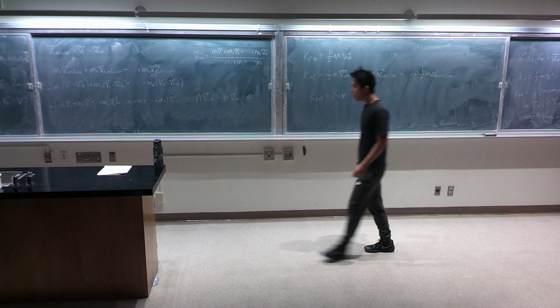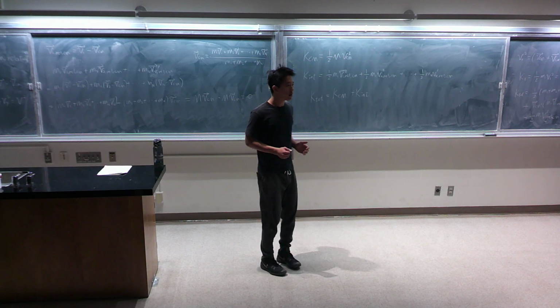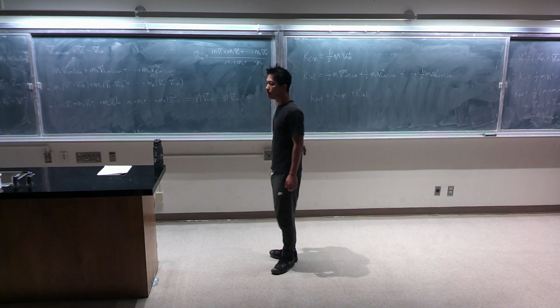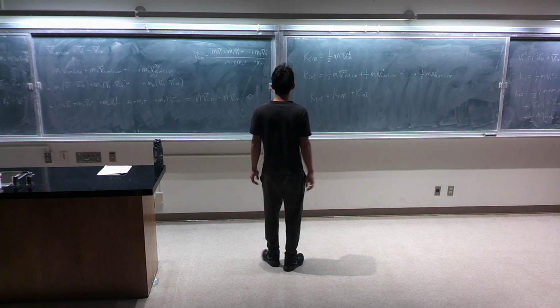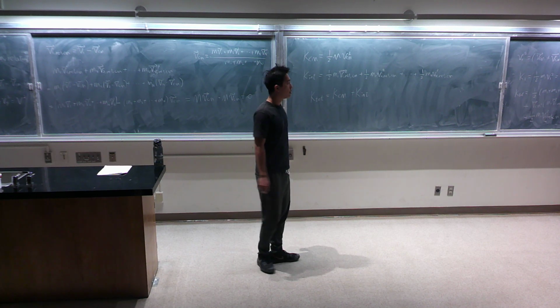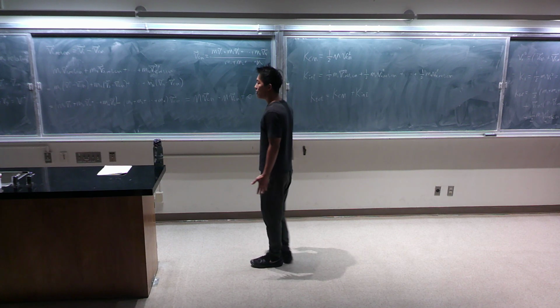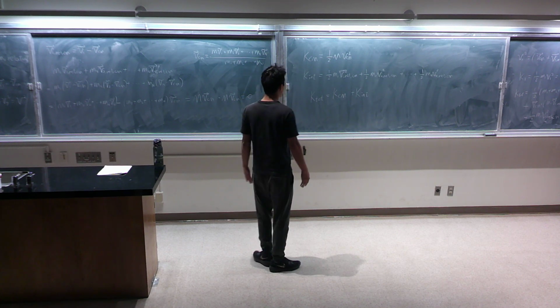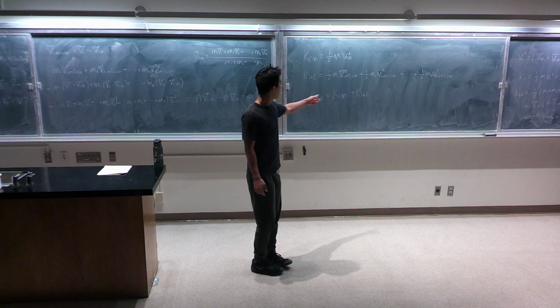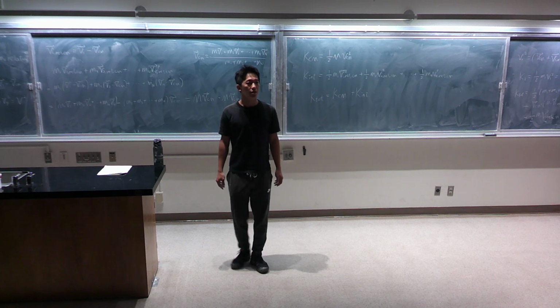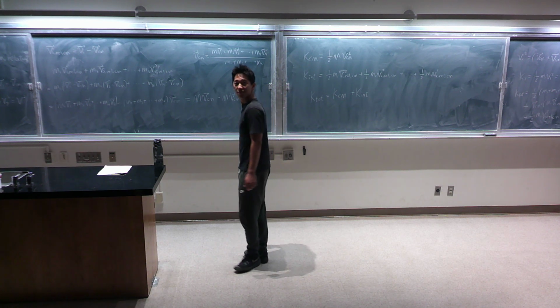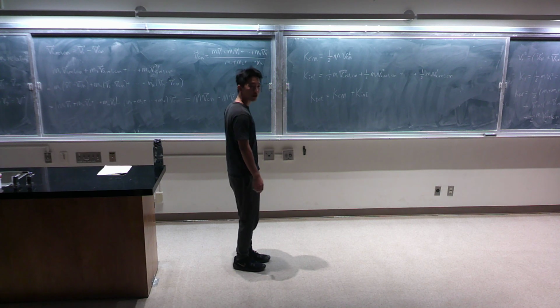Now, if I am spinning like this, the center of mass is always staying here. But my body has kinetic energy. What is the kinetic energy of me right now? Is it internal or center of mass? Internal? Good, internal.